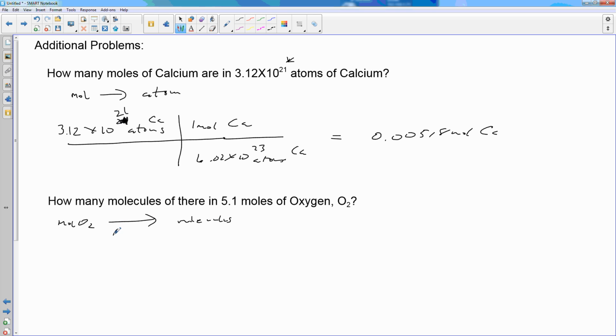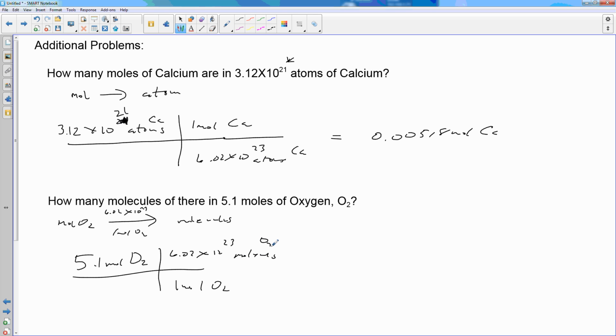So we know that 1 mole of O2 is equal to 6.02 times 10 to the 23rd molecules. And so we just set up this conversion. Start with what's given, 5.1 moles of O2. We know that 1 mole of O2, notice the units are the same, is equal to 6.02 times 10 to the 23rd molecules of O2.